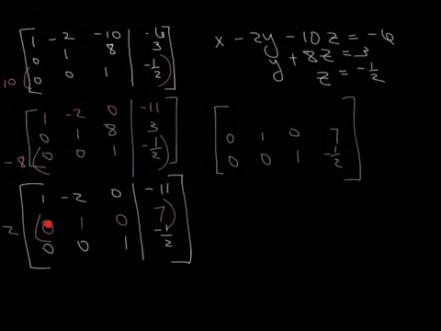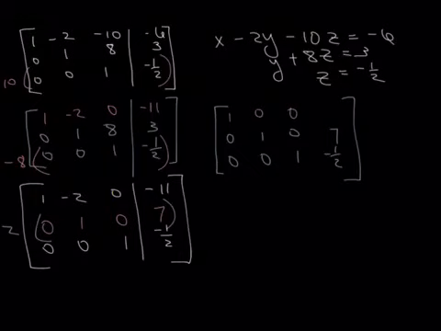Just my top row will change. So 2 times 0 is 0 plus 1. That'll stay a 1. 2 times 1 is 2 plus that will change to a 0. 2 times 0 is 0 plus 0. That'll stay a 0. And 2 times 7 is 14 plus 11 gives me a +3. 3.